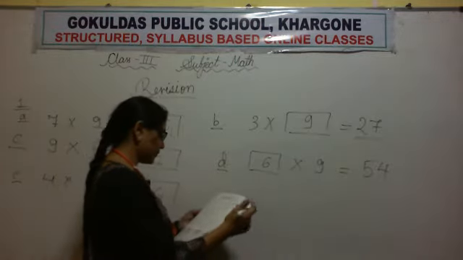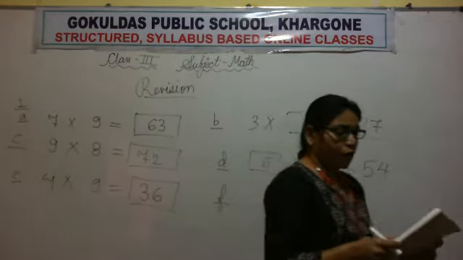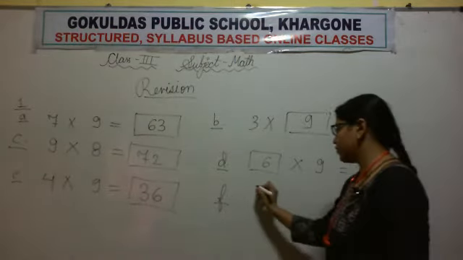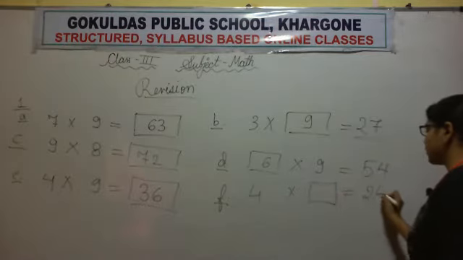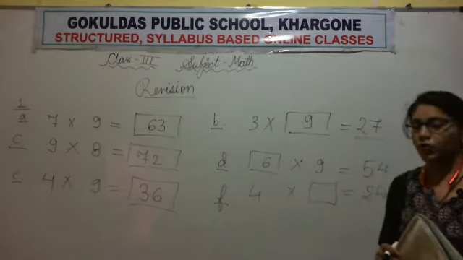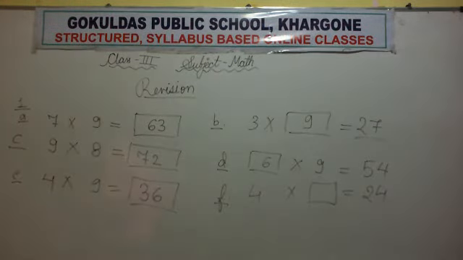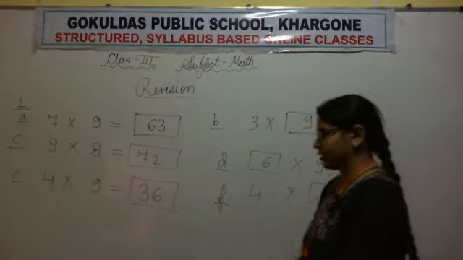And the next one, F: 4 into blank is equals to 24. For filling this blank you need to recite the table of 4. 4 ones are, 4 twos are. So 4 sixes are 24. So we will write 6.